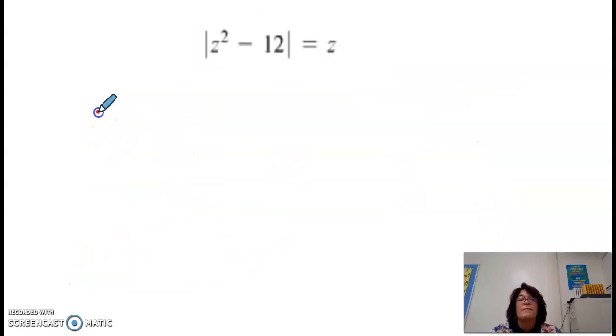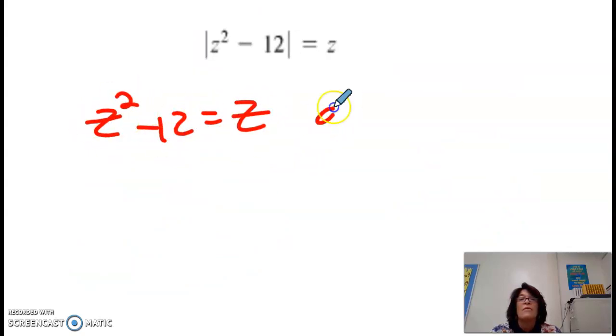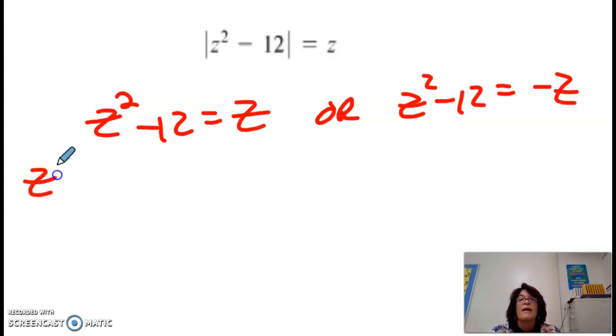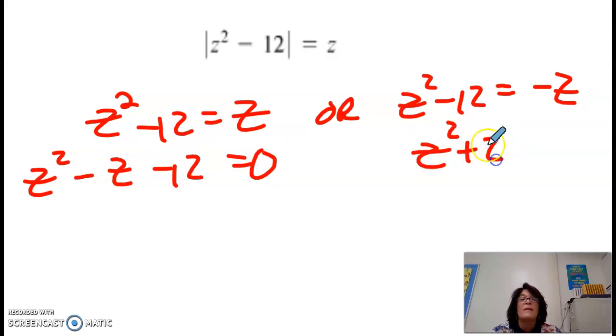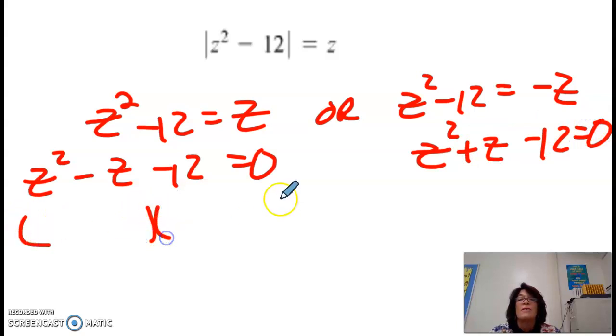Same thing here. What's in the absolute value either equals z, or what's in the absolute value might equal the opposite of z. So I have z squared minus z minus 12 equals 0. Z squared plus z minus 12 equals 0. I have two quadratics to solve.